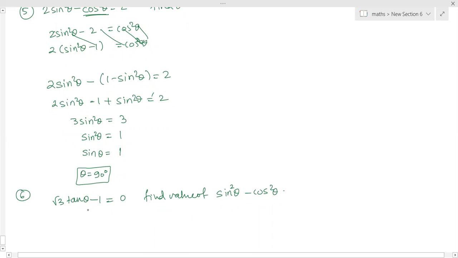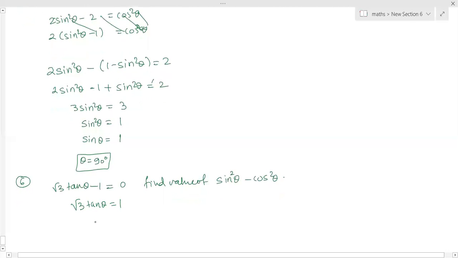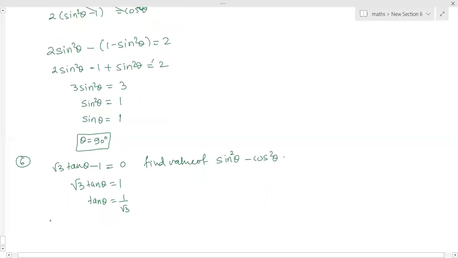So one you can shift that side. So root 3 tan theta. So tan theta is equal to 1 by root 3. Tan 1 by root 3 is tan 60, ma'am. No. Theta is equal to 30, ma'am.